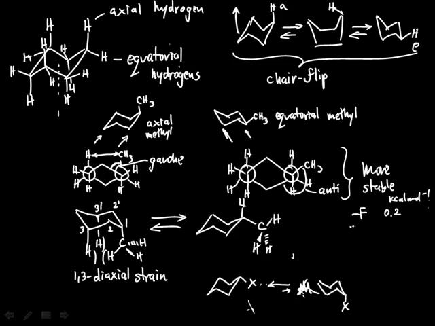We move to chlorine, this is 0.5. We move to OH, this is 1.0. We move to CH3, this is the one we just talked about, 1.8. CH2CH3 is 1.9. Isopropyl, so CH3 twice, is 2.1.